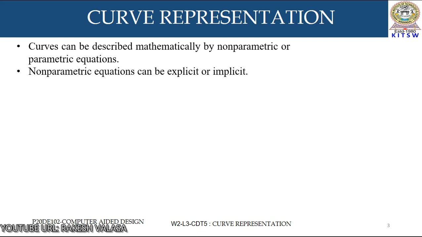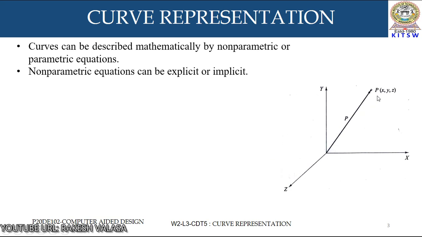Let us see an example for explicit non-parametric representation of equations. Let us locate one point in three-dimensional Cartesian form. Let us take that point P of x comma y comma z.